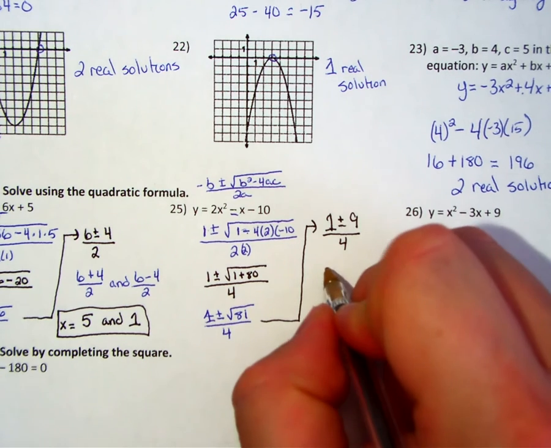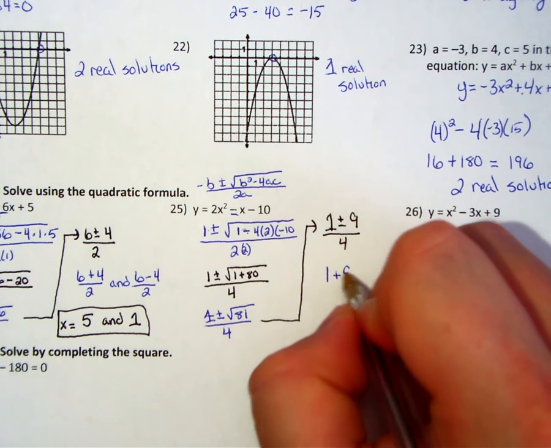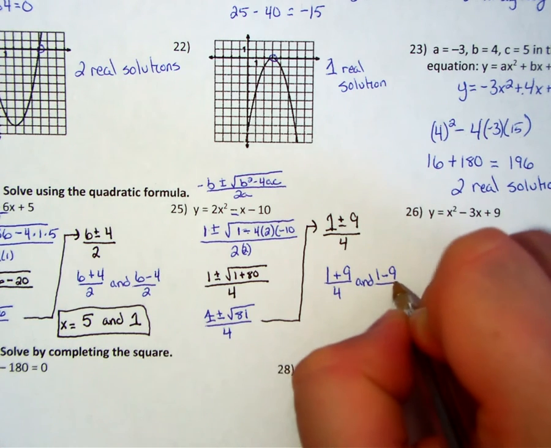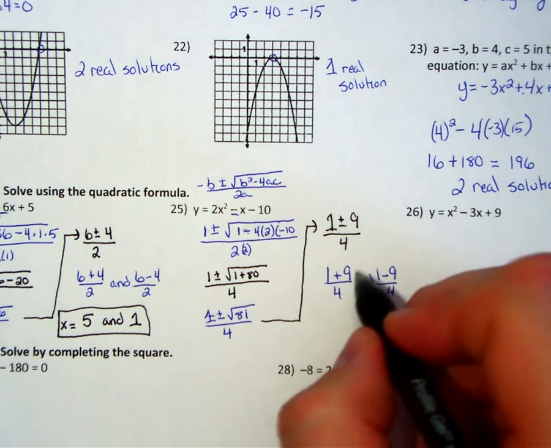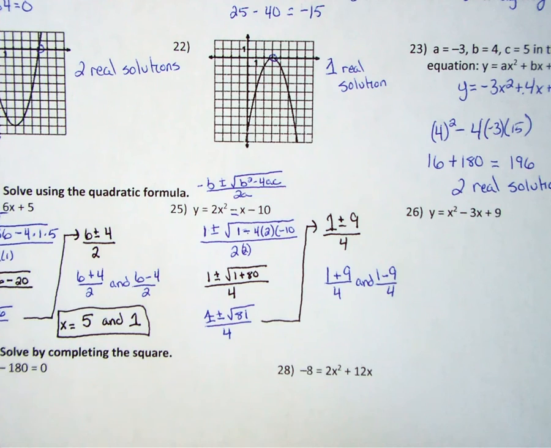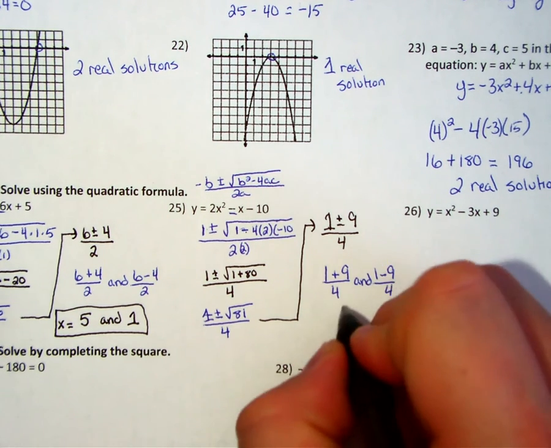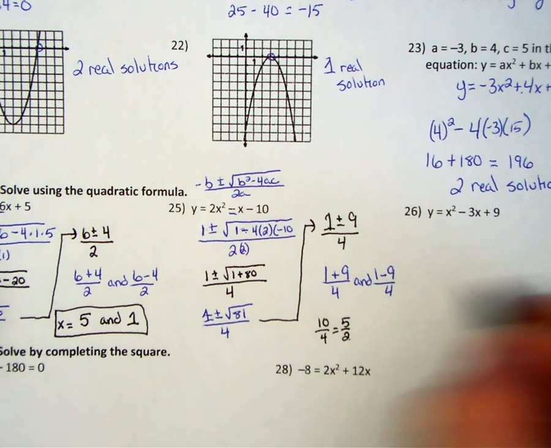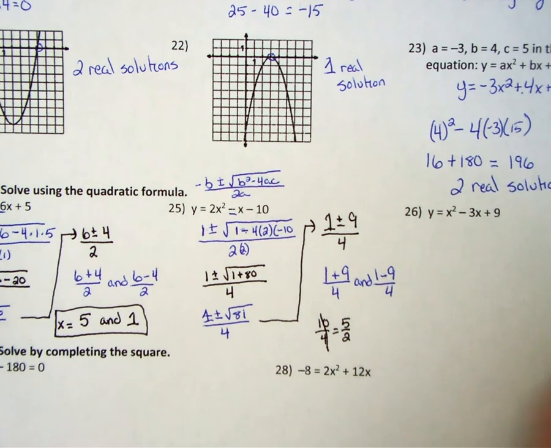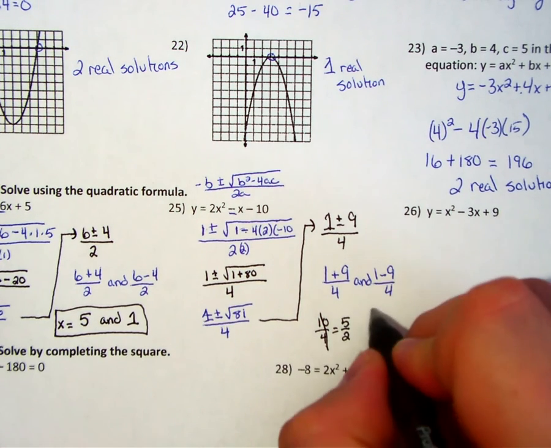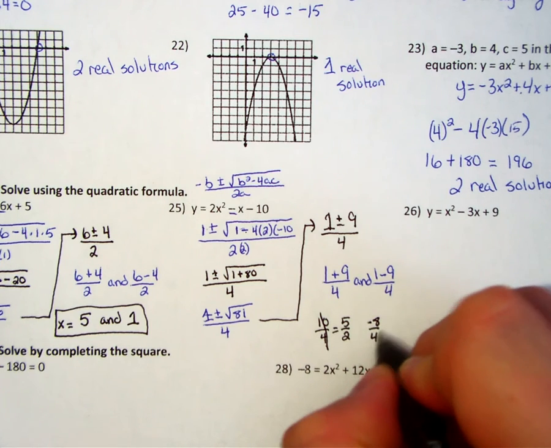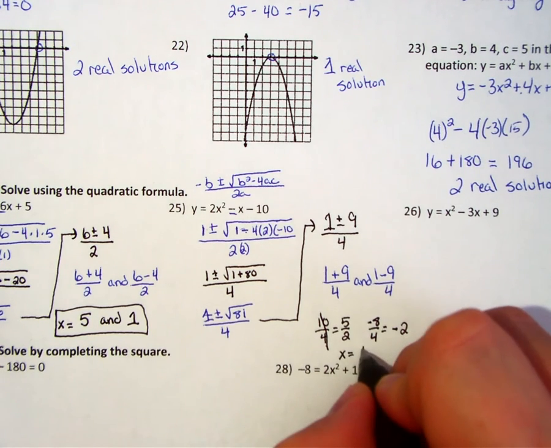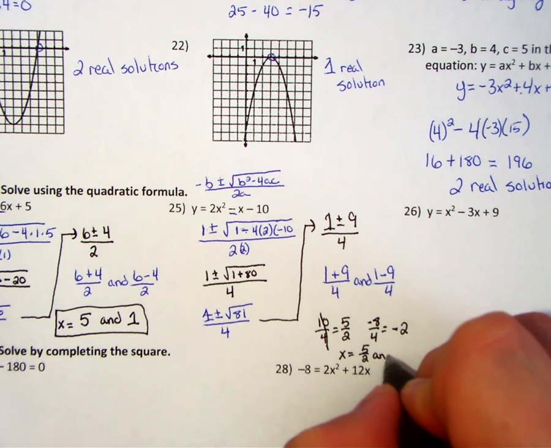I want to know what those solutions are. 1 plus 9 divided by 4, and 1 minus 9 divided by 4. 1 plus 9 is 10 over 4 is a non-simplified fraction. 10 over 4 simplifies to 5 over 2. 1 minus 9 gives me a negative 8 over 4, which simplifies to a negative 2. So x will be equal to 5 halves and negative 2.